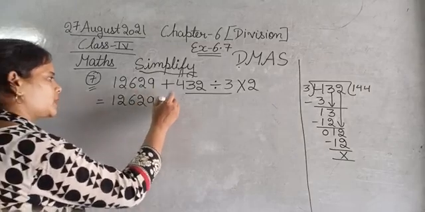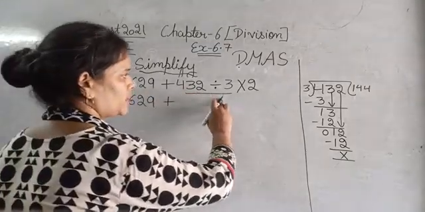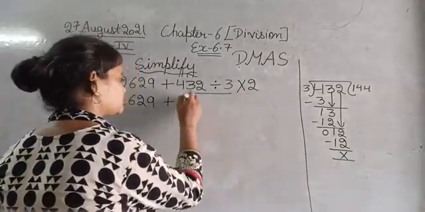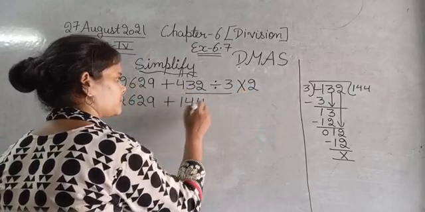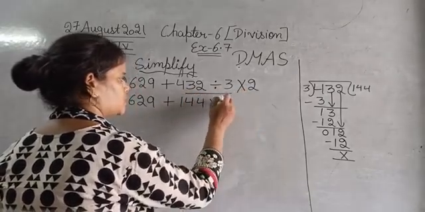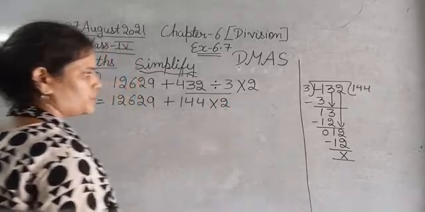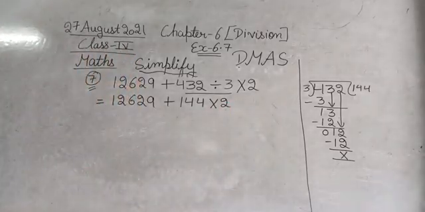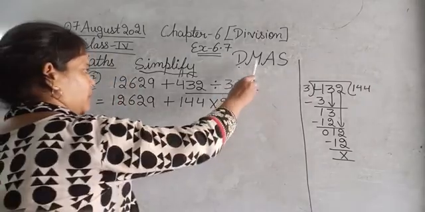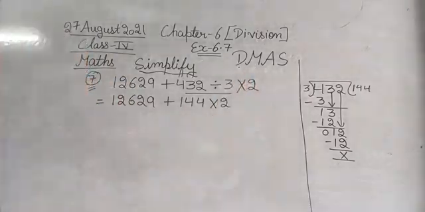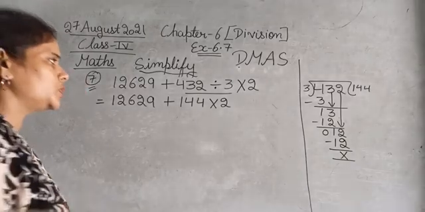So this is 12,629 plus 432 divided by 3, that is 144 into 2. Next, after division, we are having M which stands for multiplication.